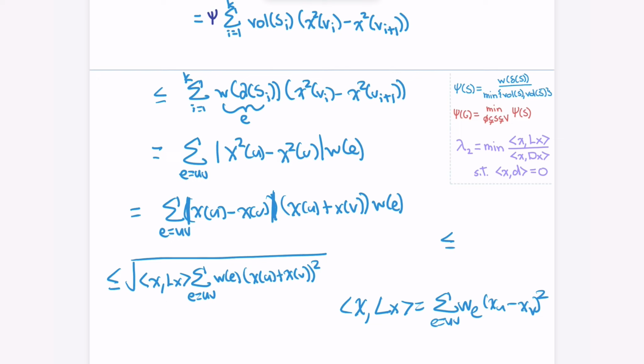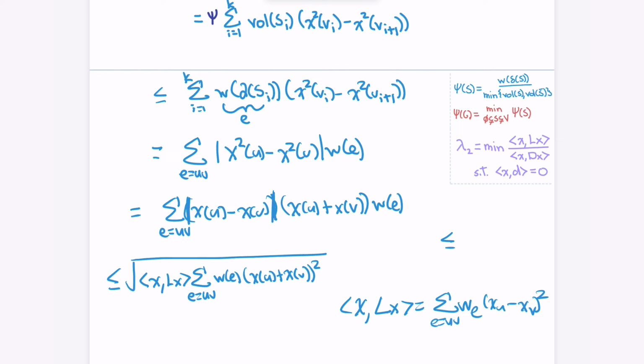I don't know if we've used this inequality before, but it's a super duper useful one. It's exactly Cauchy-Schwarz. Cauchy-Schwarz says the sum of a_i b_i is less than or equal to the square root of the sum of a_i squared times the sum of b_i squared.